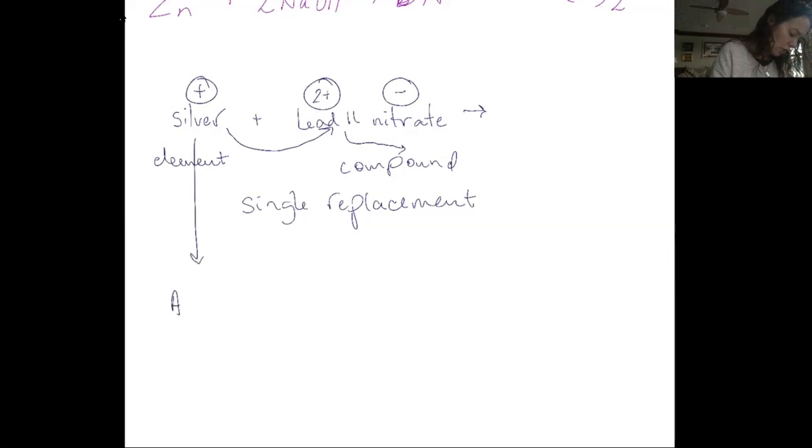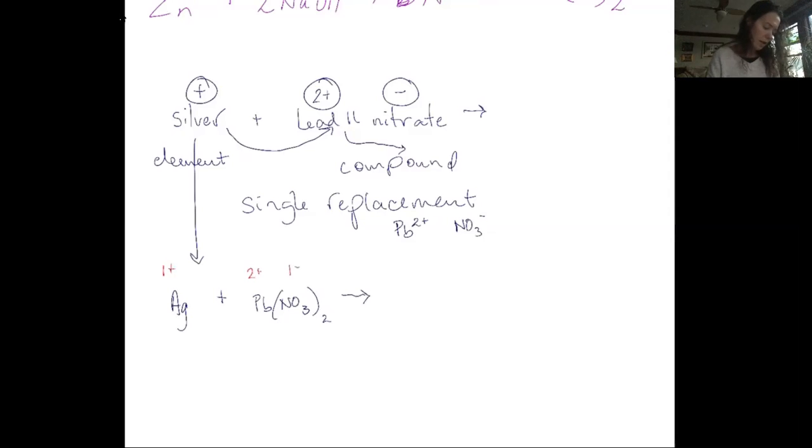Let's look at this in a different way. Silver is Ag, it's by itself. Is it diatomic? No, leave it alone. Reacts with lead II nitrate. Well, that's lead with a 2 charge, nitrate with a -1 charge. So that makes Pb(NO3)2. Now we'll look at this again in a different way. Silver is 1 plus, lead is 2 plus, nitrate is 1 negative.